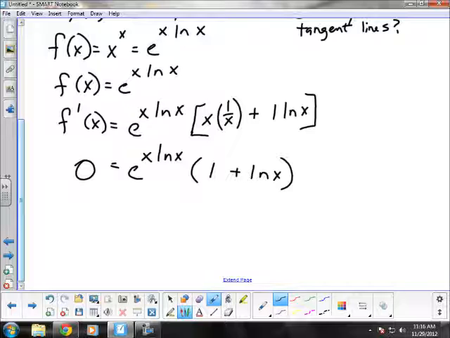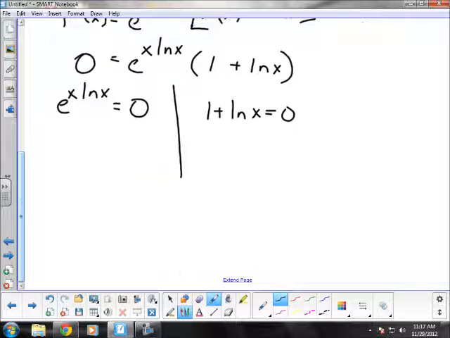I can take each factor and set it equal to 0, because this can be 0 or this can be 0, right? Anytime you have an equation in factored form set equal to 0, you can always take either factor separately. You want to do this one first?